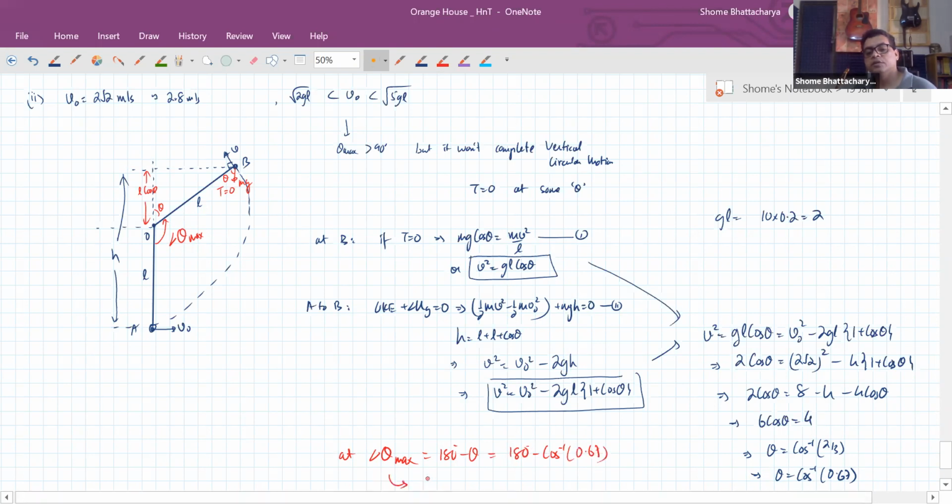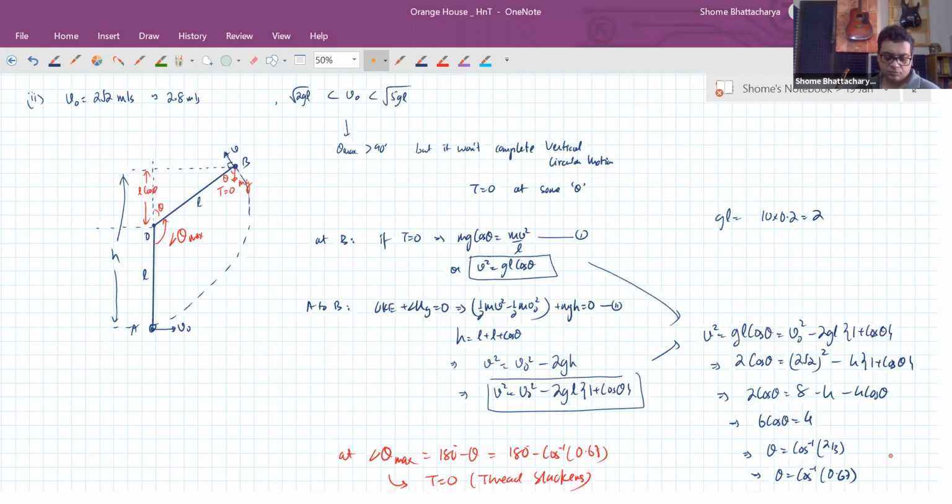So at that point the tension becomes zero, the thread slackens. This is about 48 degrees approximately.